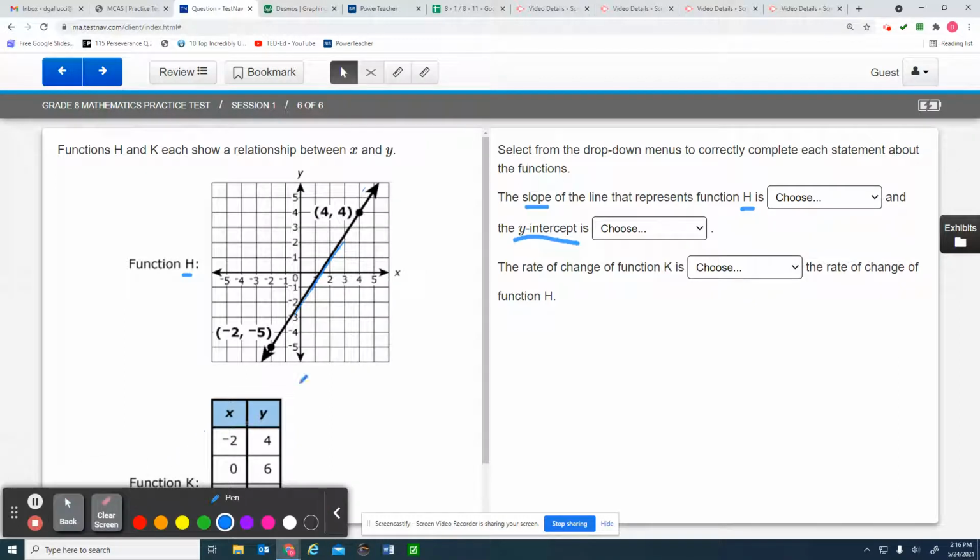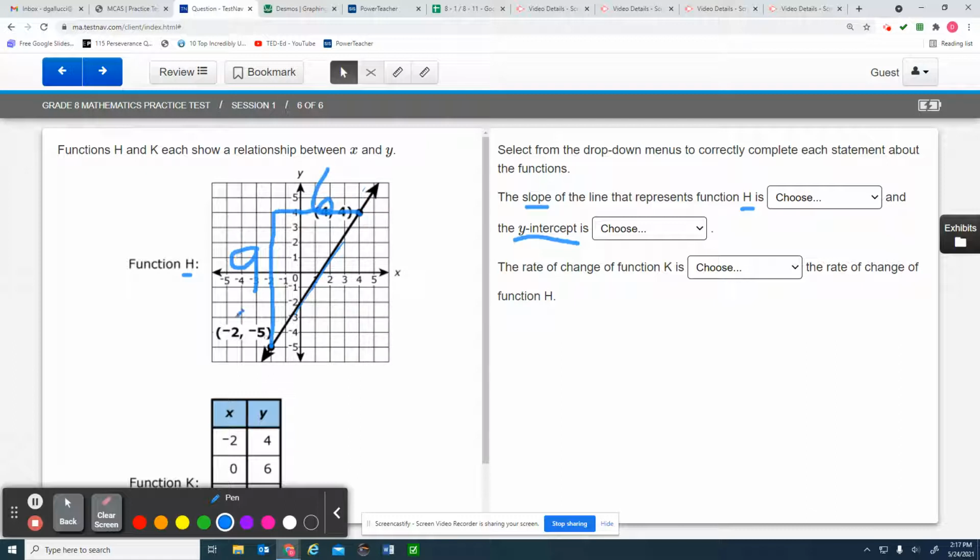I like to use the similar triangles. So if I go from this point to this point, I might have to travel up 1, up 2, up 3, up 4, up 5, 6, 7, 8, 9. I have to go up 9 units, or rise 9 units, and then over or run 1, 2, 3, 4, 5, 6.